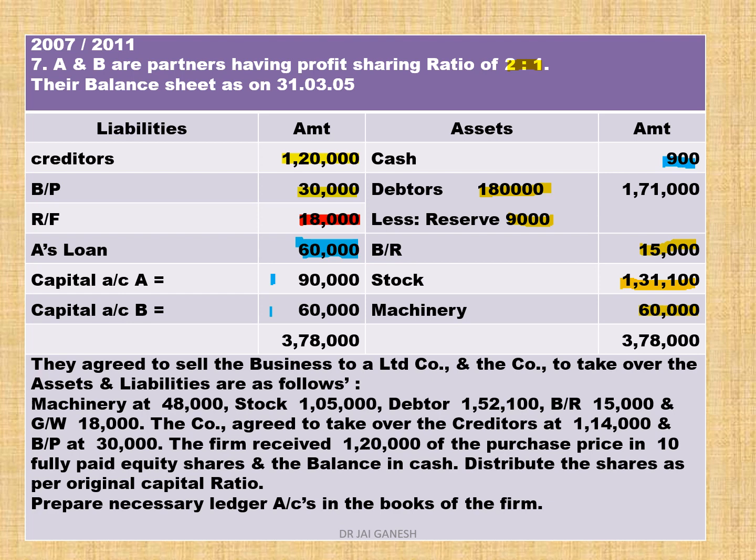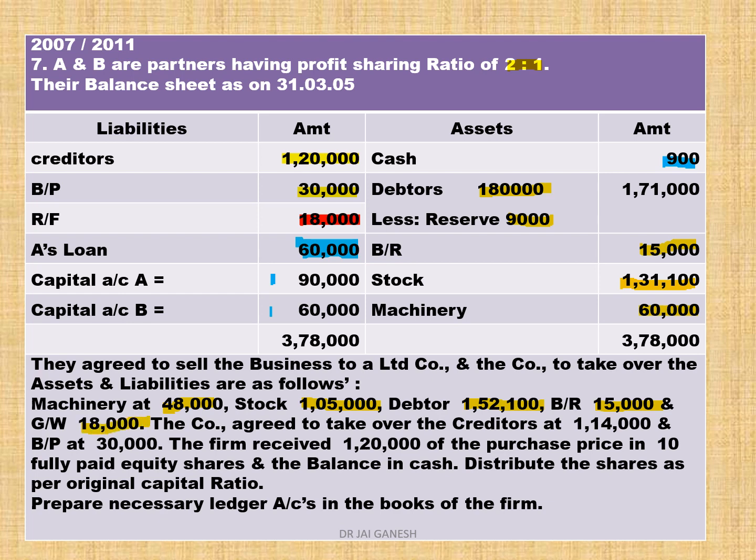They agreed to sell the business to a limited company and company to take over the assets and liabilities as follows. So machinery taken over at 48,000, stock taken over 1,05,000, debtor taken over 1,52,100, BR taken over 15,000, goodwill taken over 18,000.